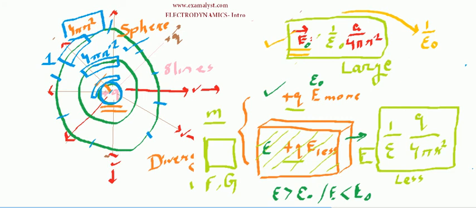If we are keeping the charge in vacuum, then we give a number epsilon naught to the surrounding, and if we put the charge inside some concrete wall or some material, we give a value of epsilon to that material or surrounding. If the surrounding is vacuum, the electric field is more.